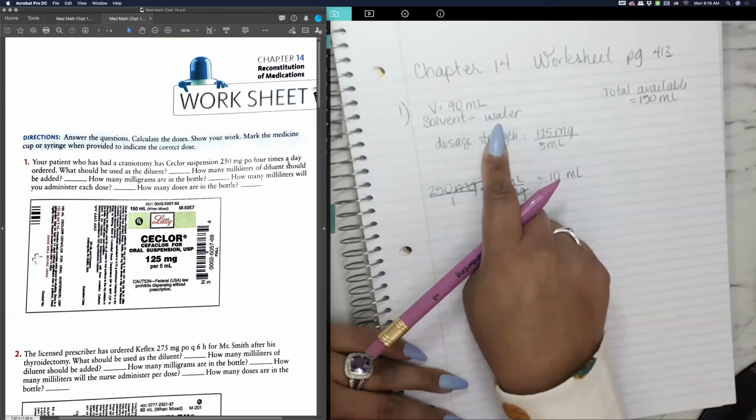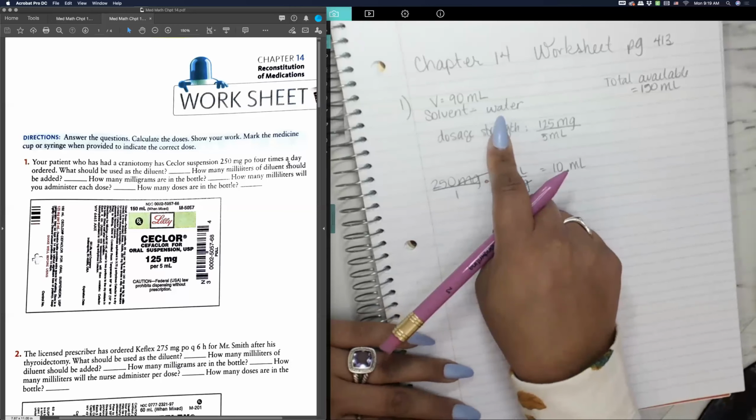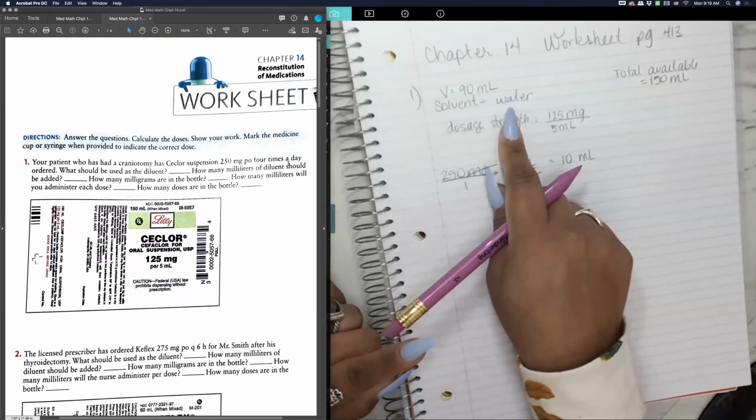How many milligrams are in the bottle? We haven't calculated that.